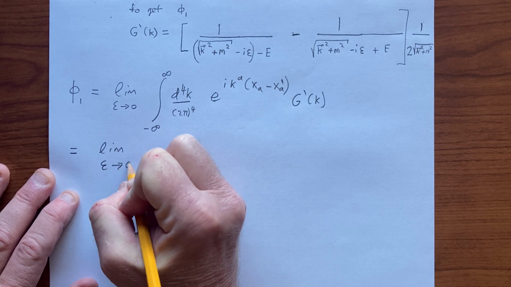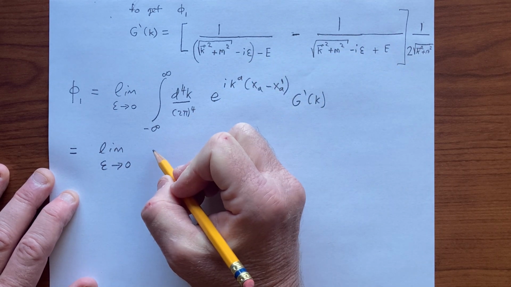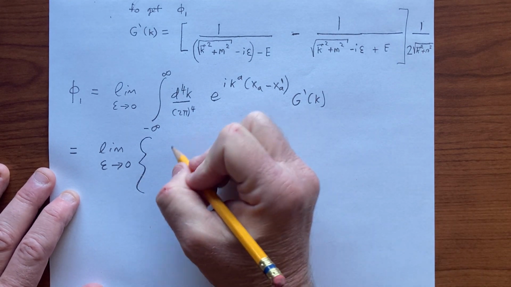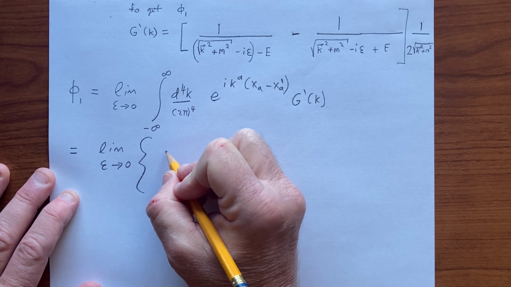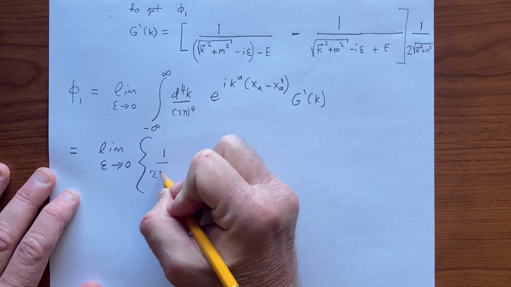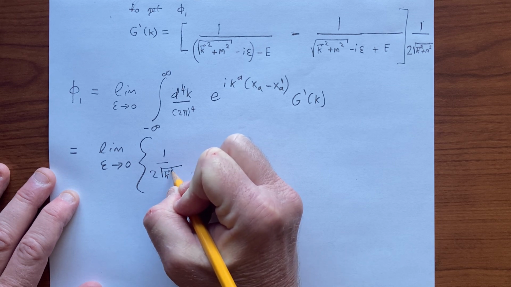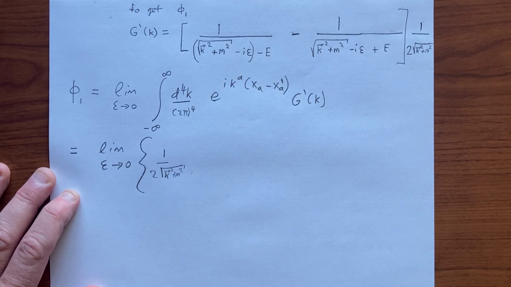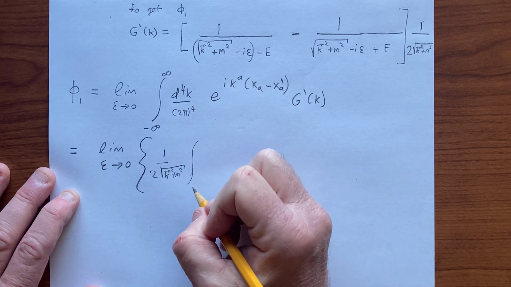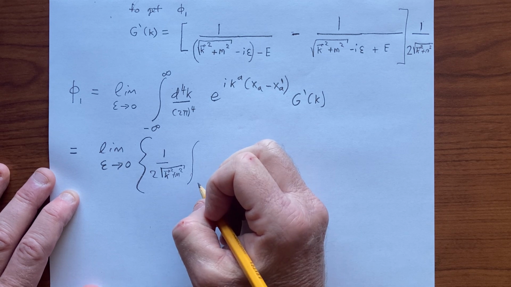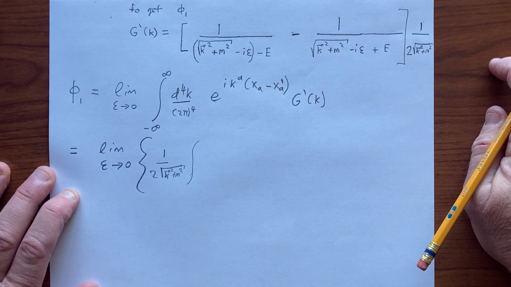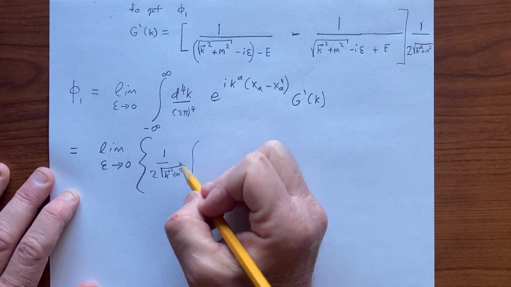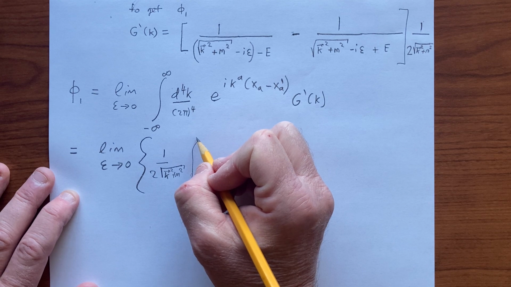this limit as this quantity goes to 0 of, let's see, we have, let's pull out 1 over 2 square root of K squared plus M squared times the integral. Well, maybe I'm pulling this out of both terms, so maybe I need another bracket here.